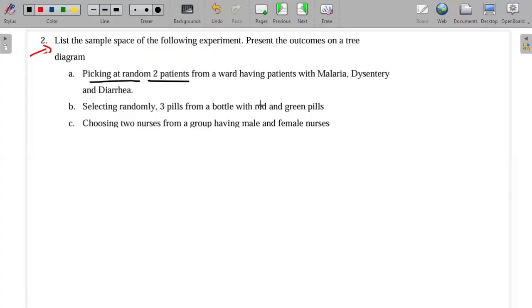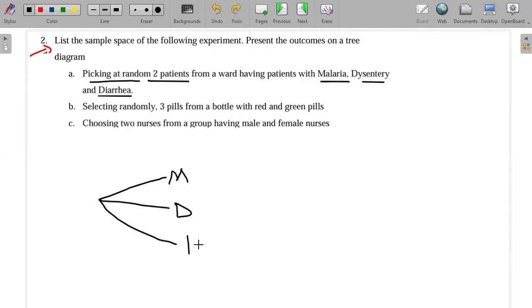So since here we have three diseases that are present in that ward, it means on my first pick, I can either pick a person that has, okay, let me write it like this. I can either pick a person that has malaria, or I can pick a person that has dysentery, or I can pick a person that has diarrhea.